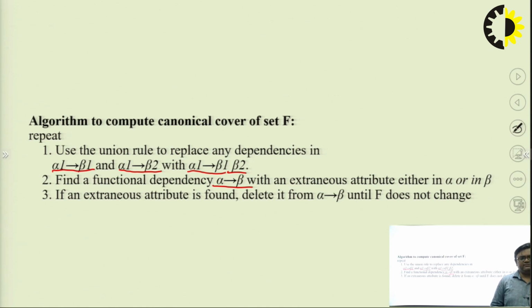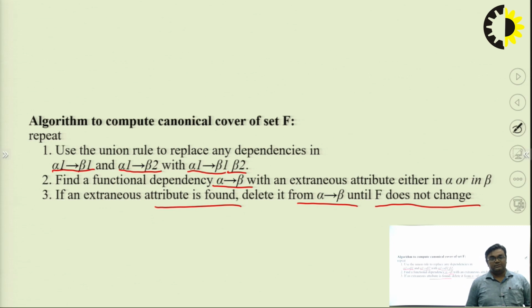If extra is there, we have to remove it. If an extraneous attribute is found, delete it from alpha to beta until F does not change. Mainly the closure of F should not change. We can remove any number of attributes from alpha or beta, but the closure should remain the same.